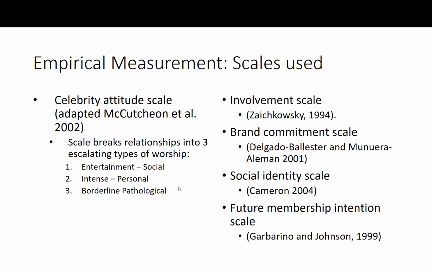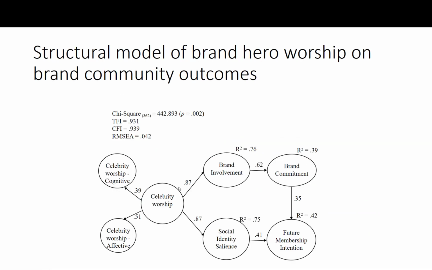So here is the information if you're interested in terms of where the scale items came from. I used all pre-existing scales in measuring my constructs. So here is the output from my structural equation model.